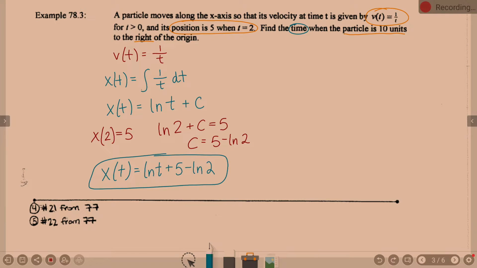So what am I doing here? x of t has to equal 10. So we're trying to set x of t equal to 10. So natural log of t plus 5 minus natural log of 2 has to equal 10.